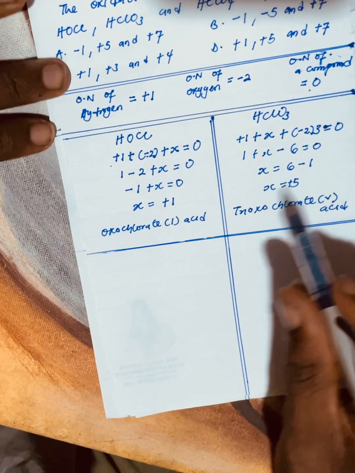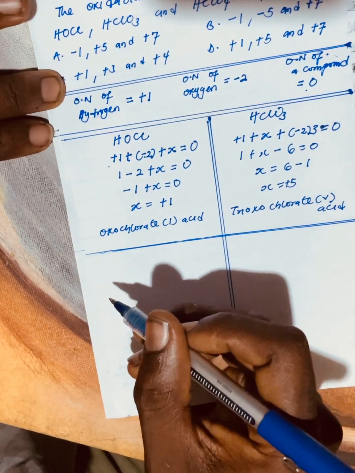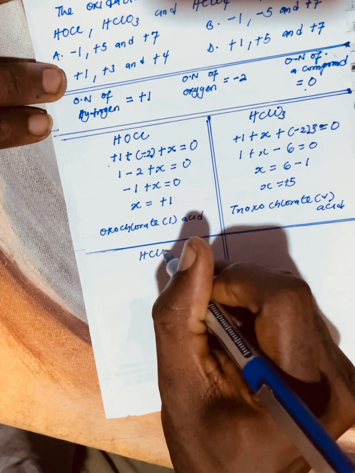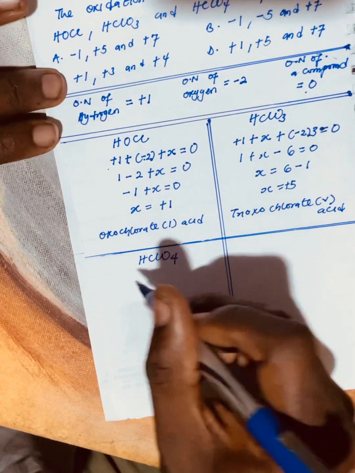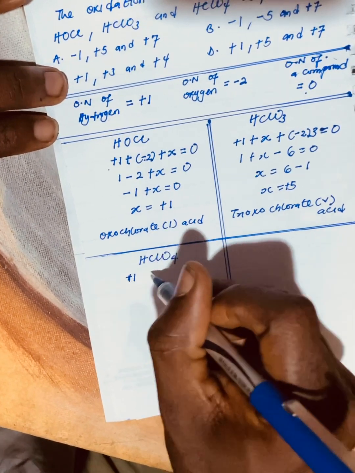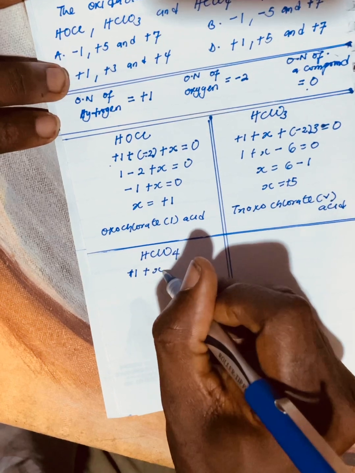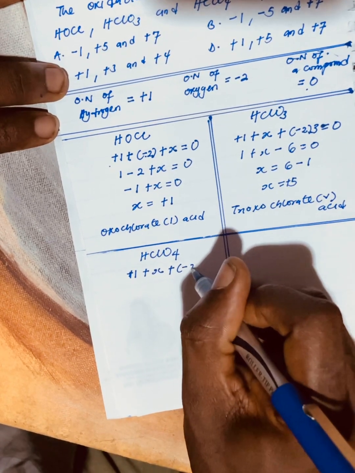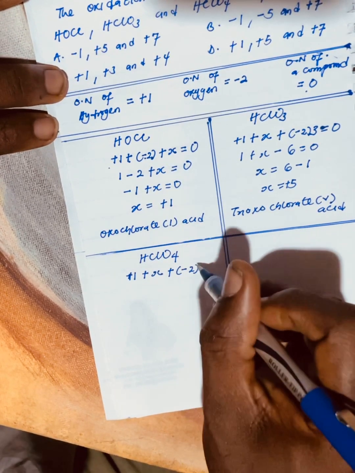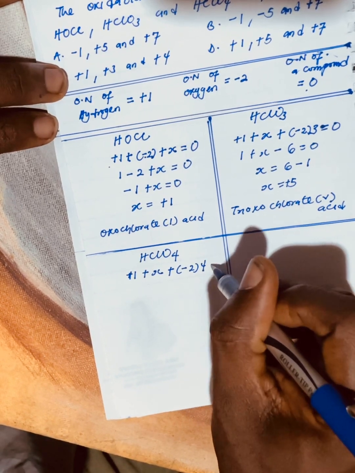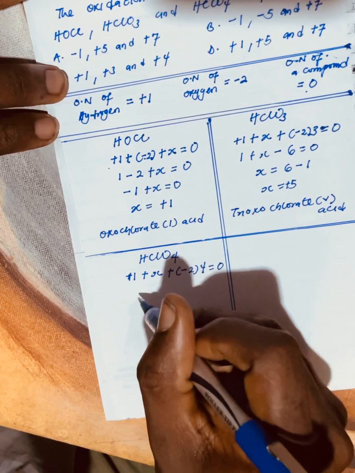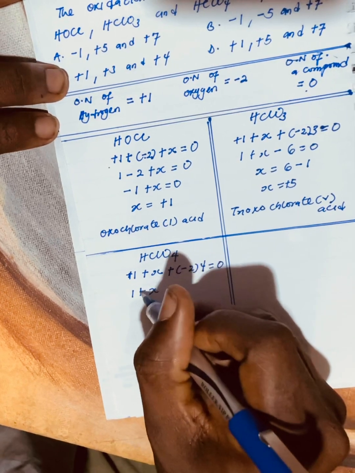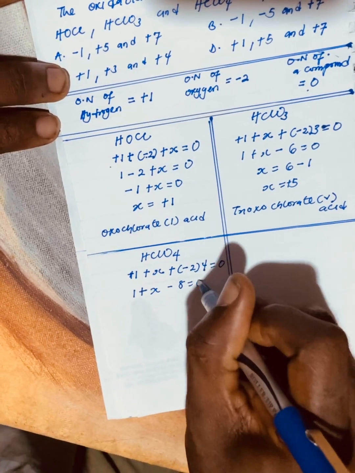Now, the third compound is HClO4. The hydrogen still did not change, it's still +1. We add it to the chlorine, which is unknown, plus -2, which is for the oxygen. The number of oxygen atoms in this compound is 4, so it will be equal to 0. So 1 plus X minus 8 equals 0.